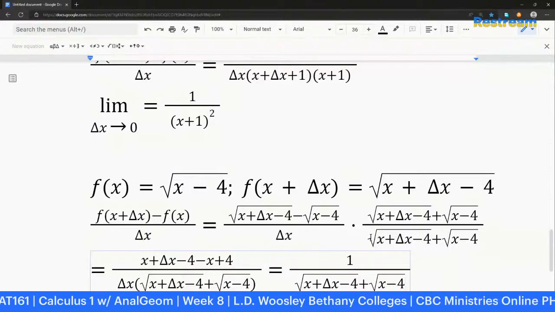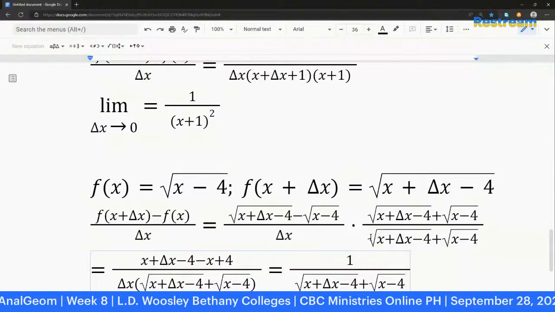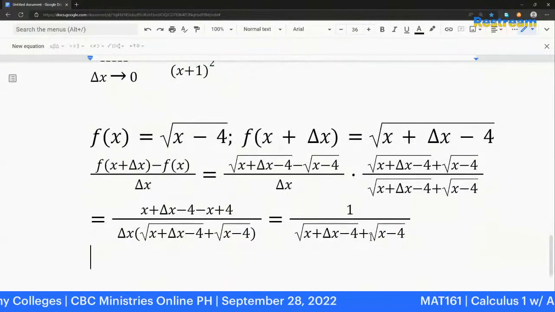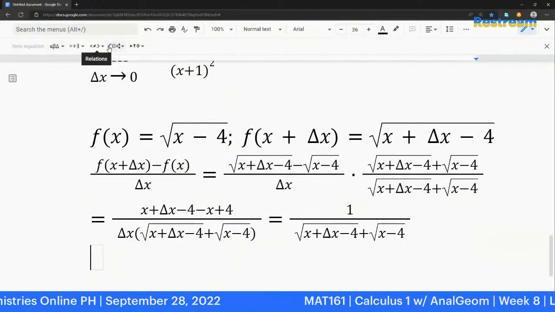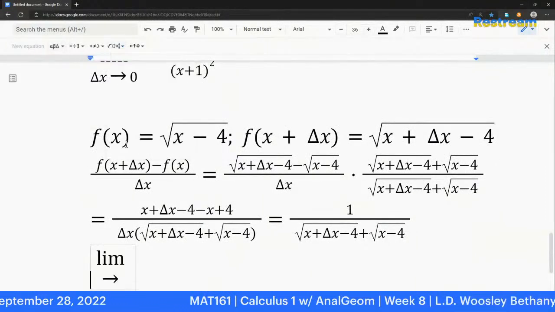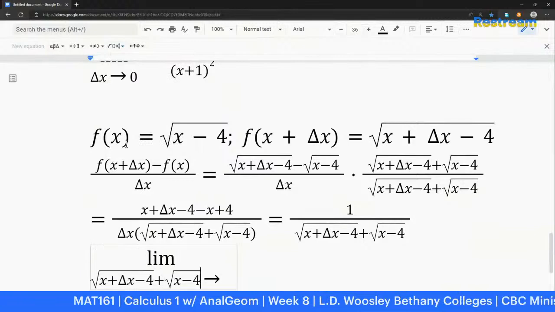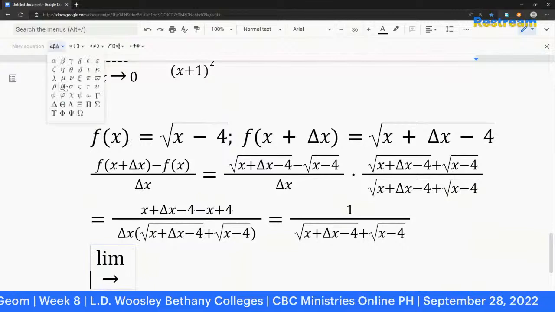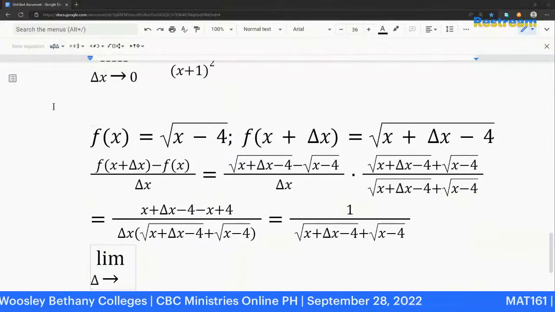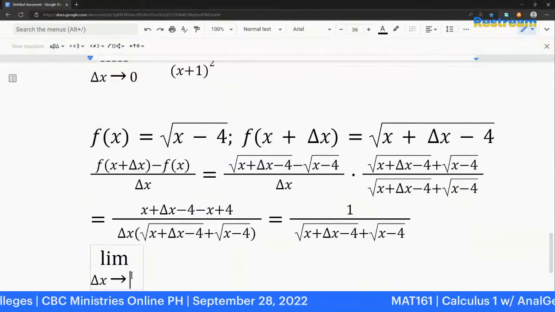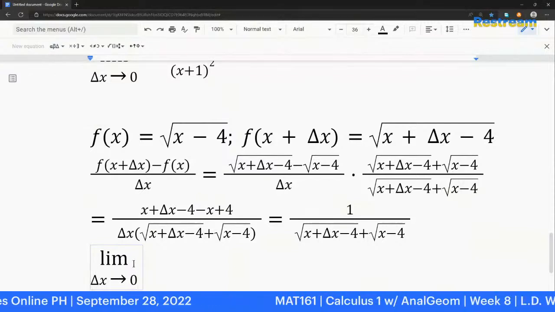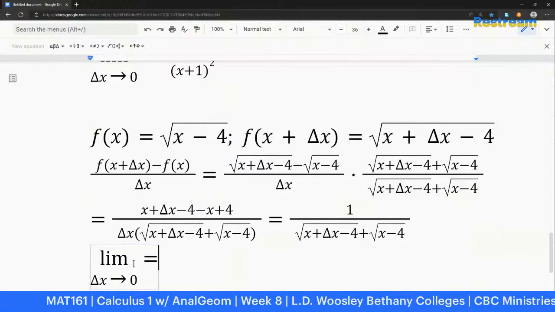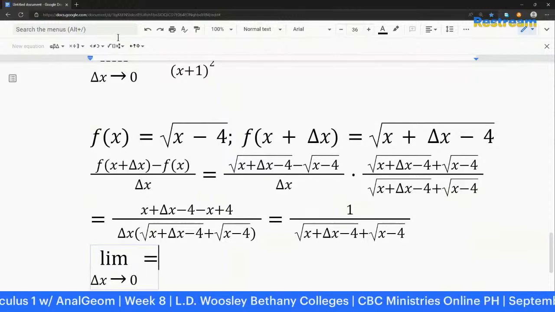Now, as delta x approaches 0, what will be the solution? Okay, kayo na mag-simplify, guys. As limit approaching 0. Negative 1 all over square root of x minus 4 squared po.